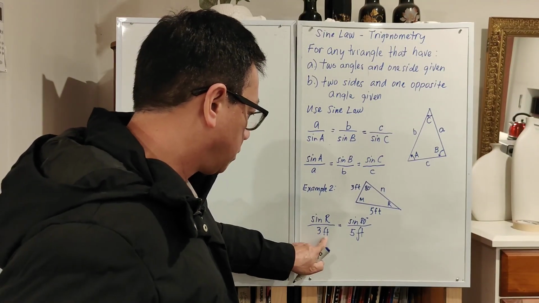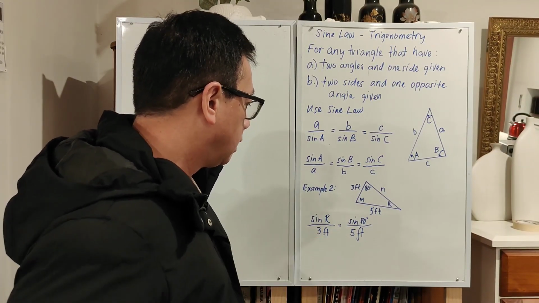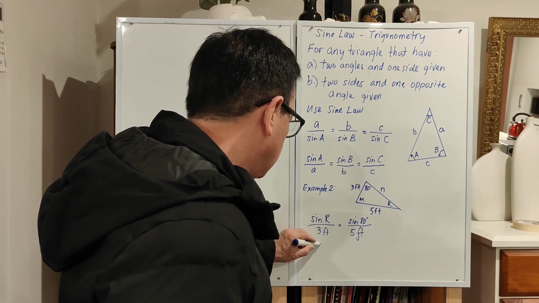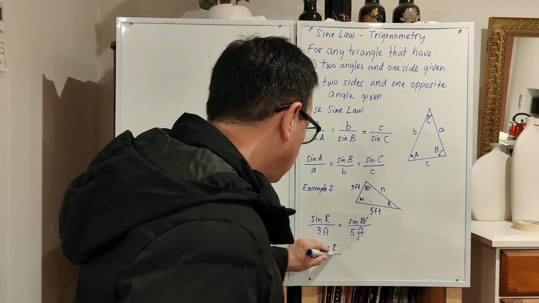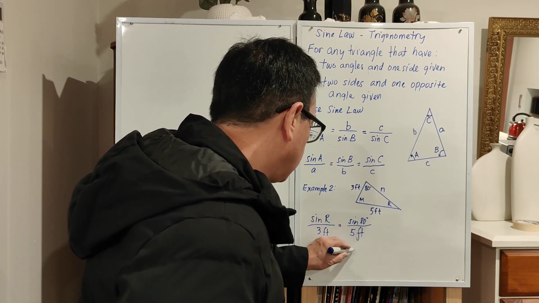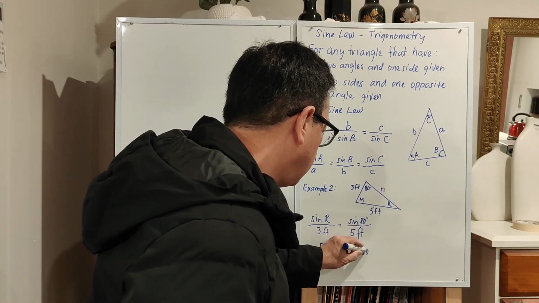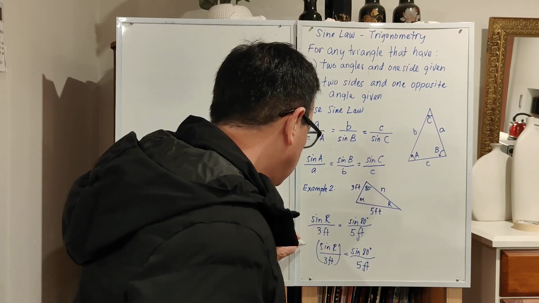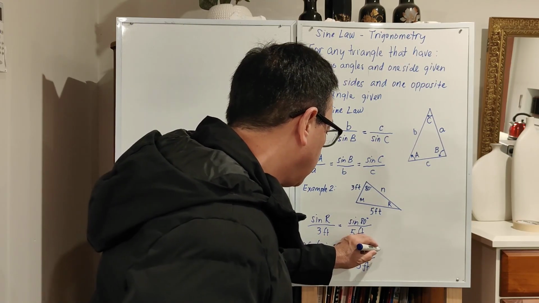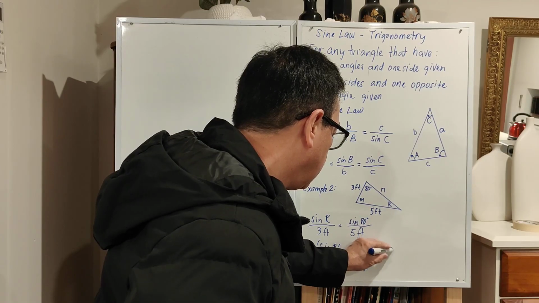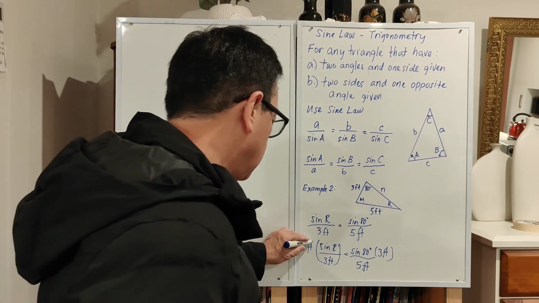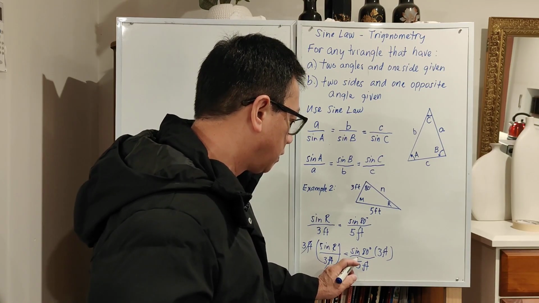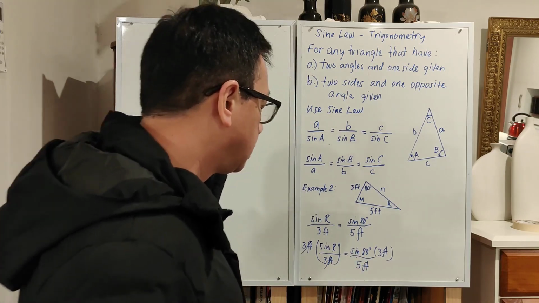Now to remove this one, we have to multiply both sides by 3 feet. So we multiply this by 3 feet, and this will cancel out. So we need to find sine 80 degrees.